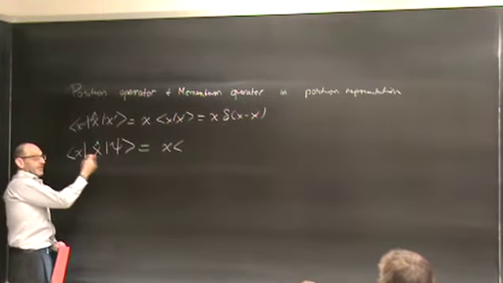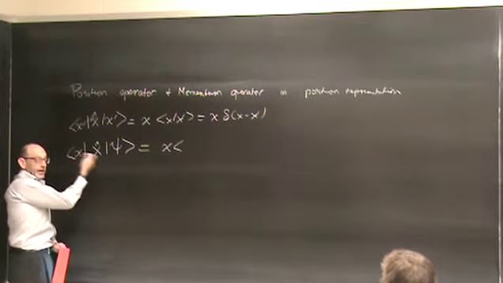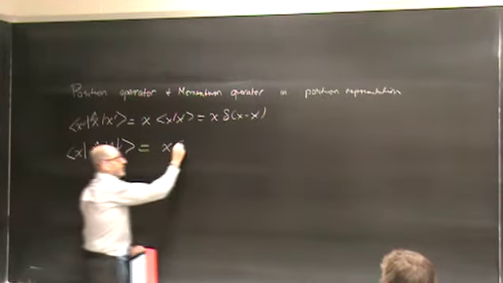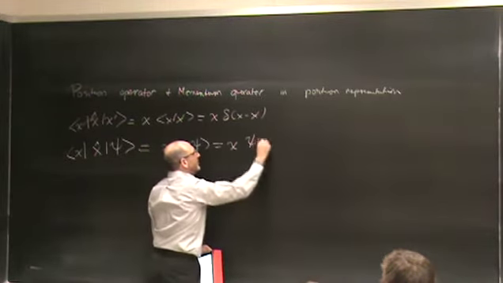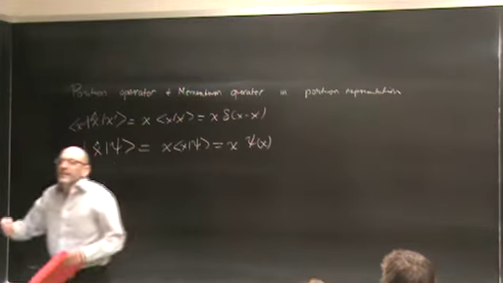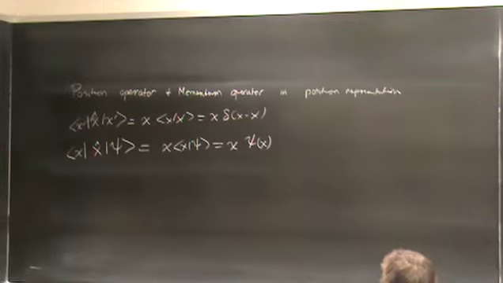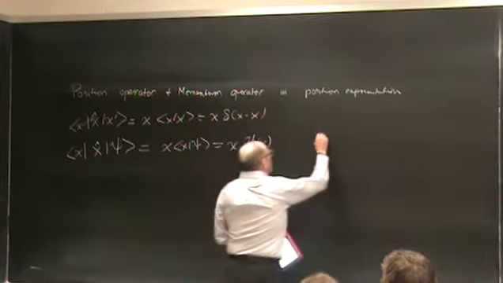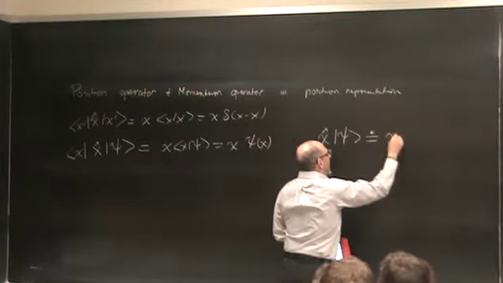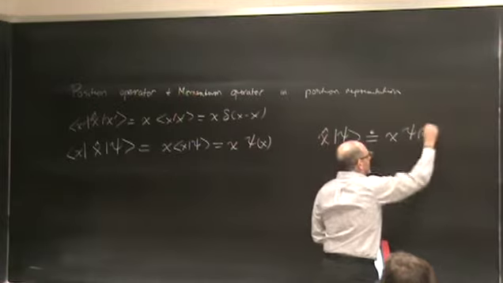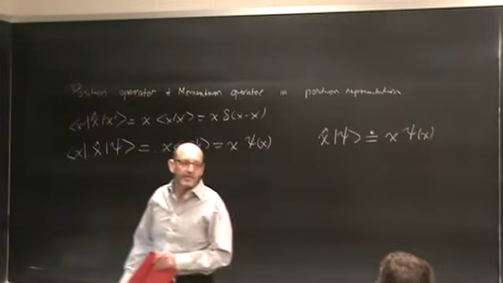And of course, if it's Hermitian, it doesn't matter if I go to the left or the right. So it's just multiplication by x. In the position representation, the x operator is represented by x multiplying the wave function.